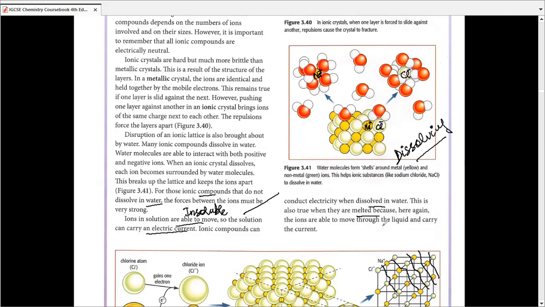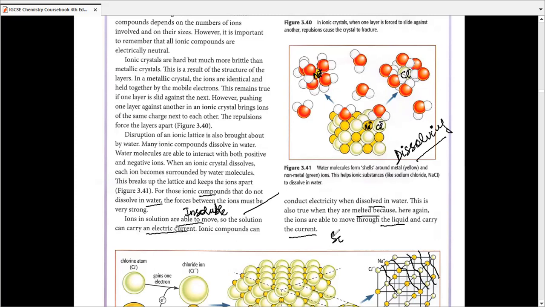And when they are free to move in a molten or liquid state, they're able to carry the current. Remember, current is always carried by charged particles. Any ionic compound is made up of positively and negatively charged particles. If they're free to move, the ionic compound becomes a conductor. If they are not free to move, the ionic compound becomes an insulator.